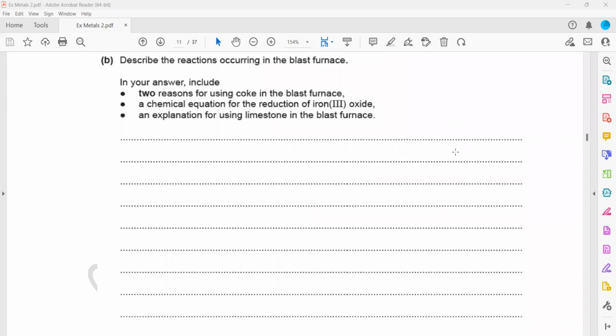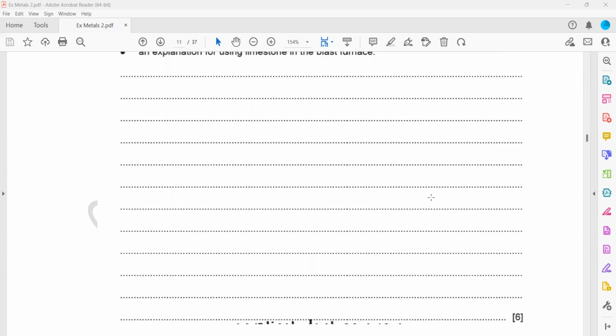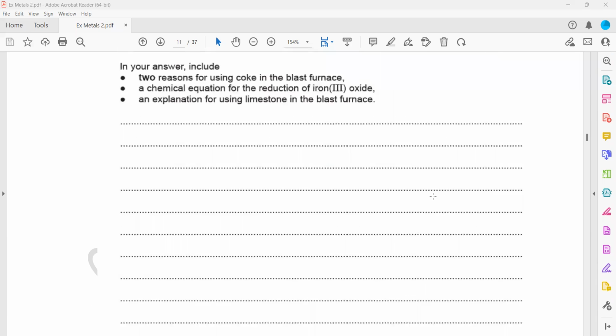Describe the reaction that occurs in the blast furnace. Two reasons why coke is added in the blast furnace. Then the chemical equation for reduction of iron and an explanation of the use of limestone. Coke is carbon.